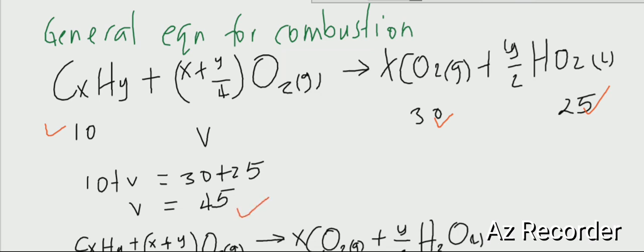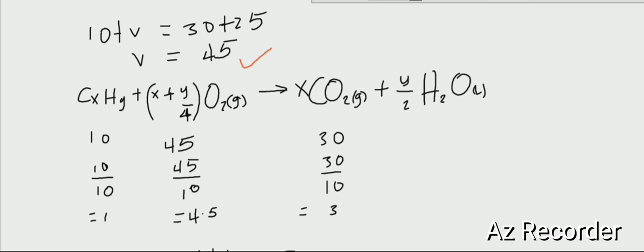From there we again write the general equation for combustion of hydrocarbons. After writing the general equation, bring the volumes back. Volume of hydrocarbon CxHy, that is hydrocarbon Z. We have volume of oxygen, we have got it.